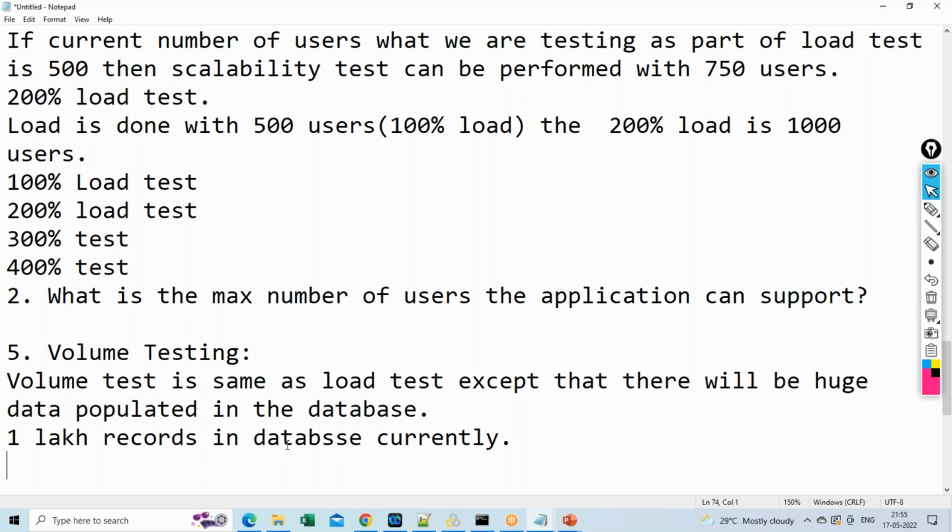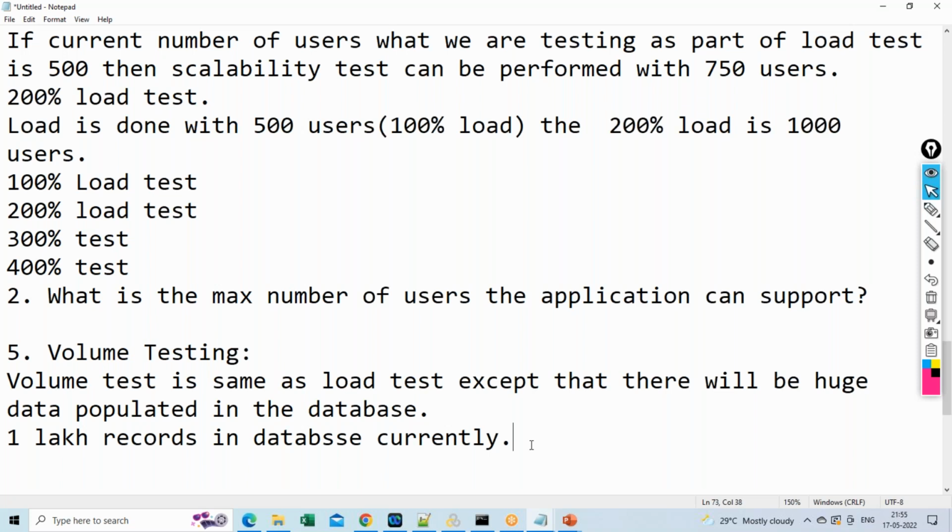So what we have to test as part of this is, we have to intentionally, now itself, not after 2 years, insert 3 to 4 lakh records of data into database with the help of database administrator or the application team, and do a round of load test. When the number of records are increased to 3 to 4 lakhs, how is the application responding, especially how are the SQL queries responding, how much time are the SQL queries taking, are there any long running queries?